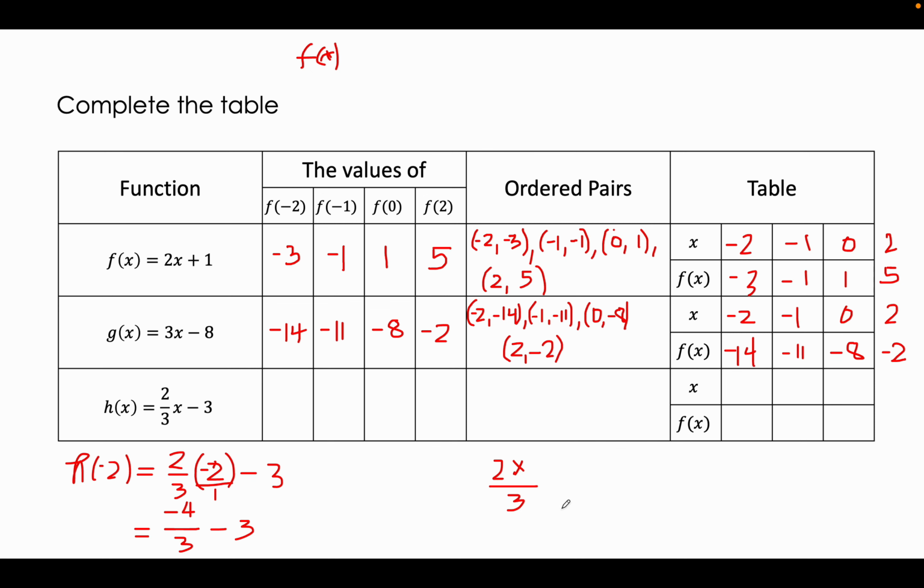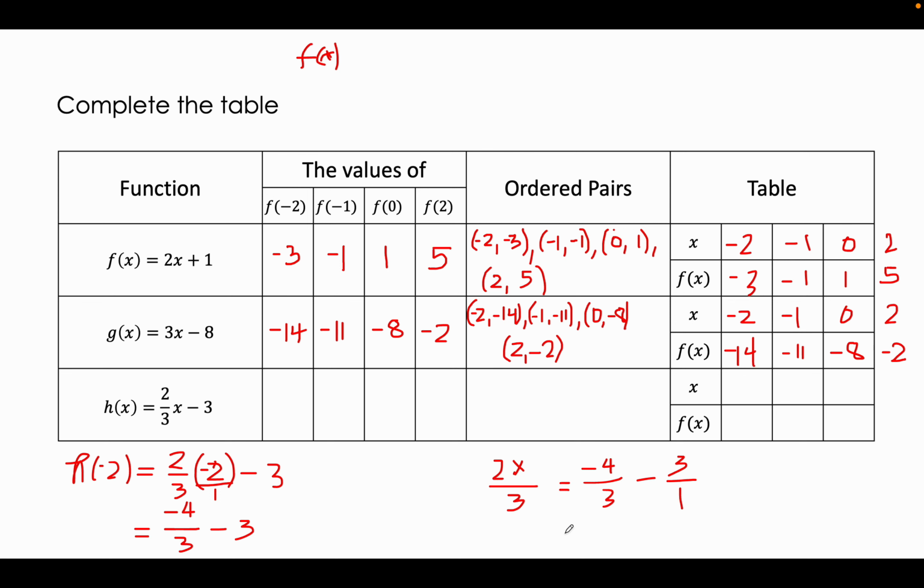We're going to simplify negative 4 over 3 minus 3. It is understood that 3 here has a denominator of 1.